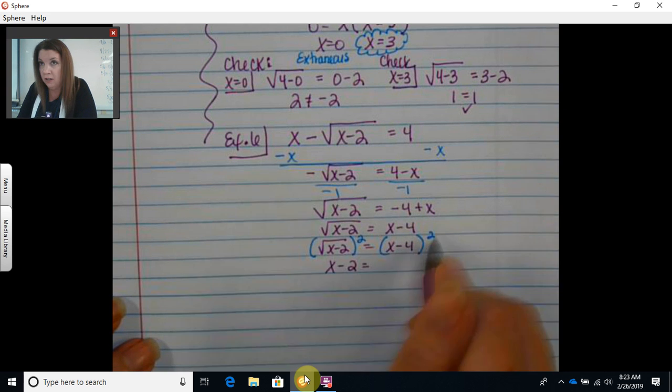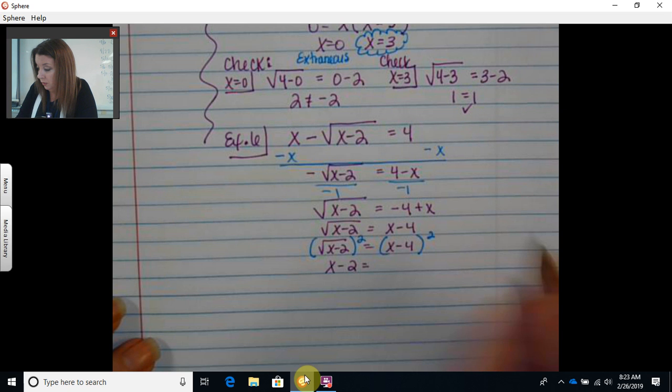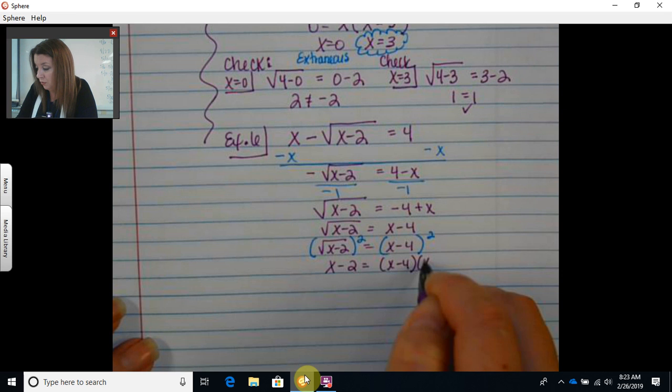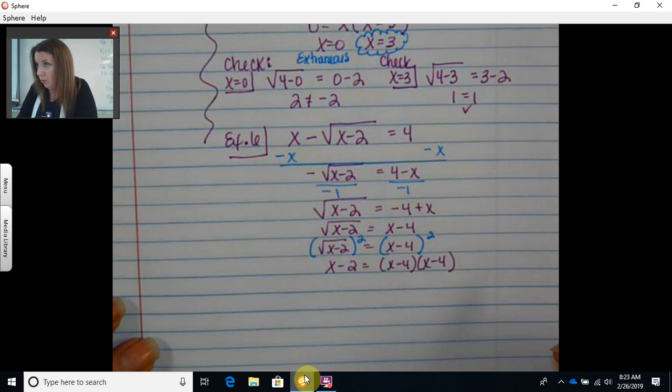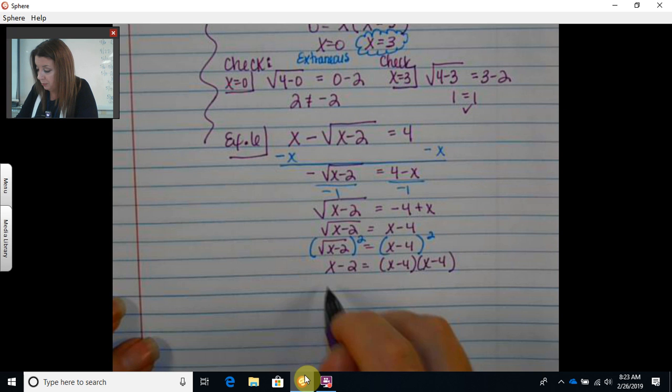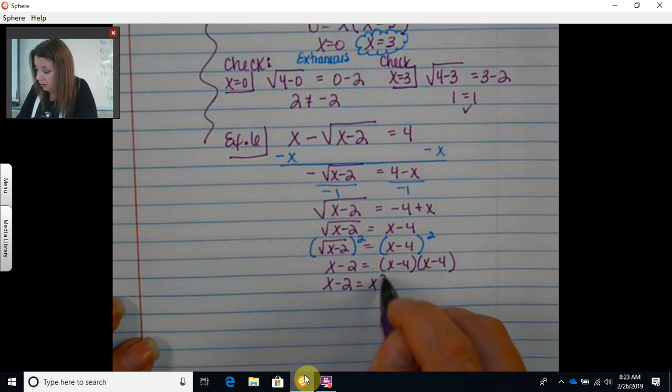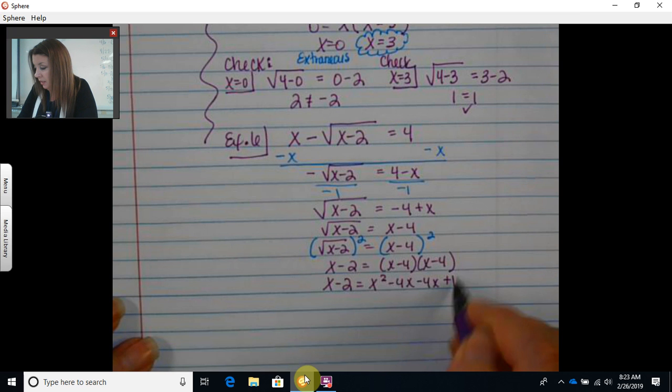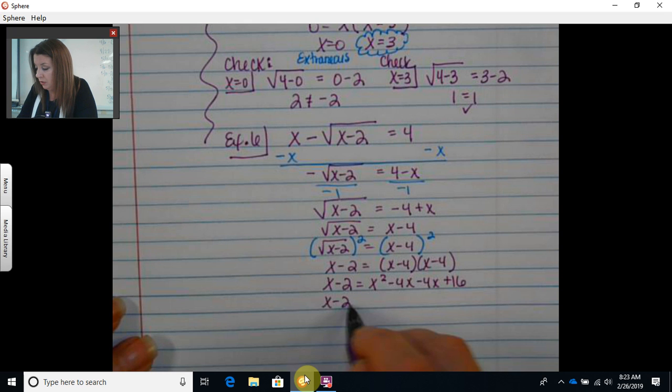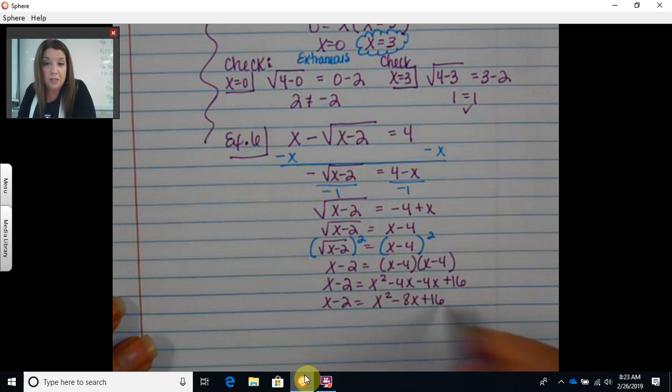Is that x squared and negative 4 squared? No. It's x minus 4 times x minus 4. Right? Perfect square trinomial. So if I distribute that, I get x squared minus 4x plus 16, which remember we learned in identity, we already knew that was going to be x squared minus 8x plus 16, but if you forget it, just distribute it out like I just did.